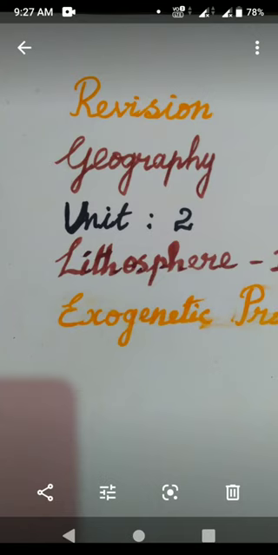Next, second question. What do you mean by biological weathering? That is page number 169. Biological weathering occurs due to the penetration and expansion of plant roots, earthworms, burrowing animals, that is rabbit, rat, etc., and also some human activities.